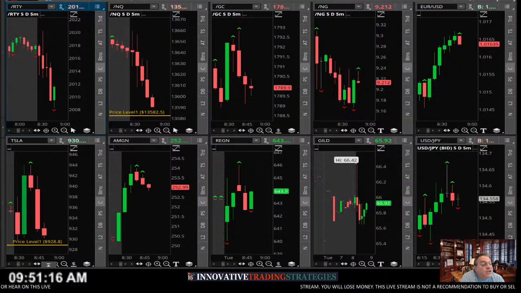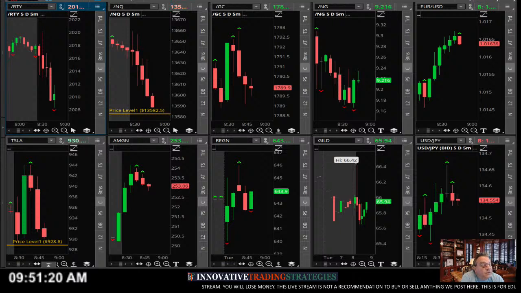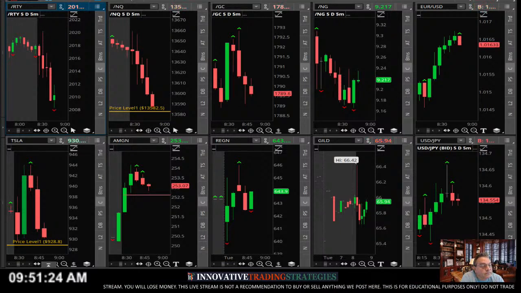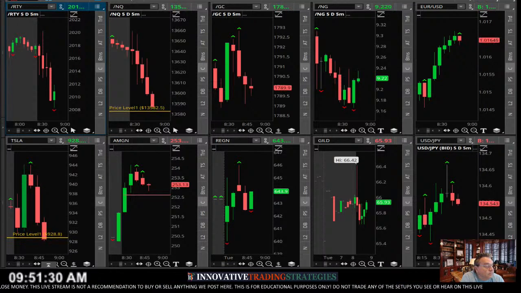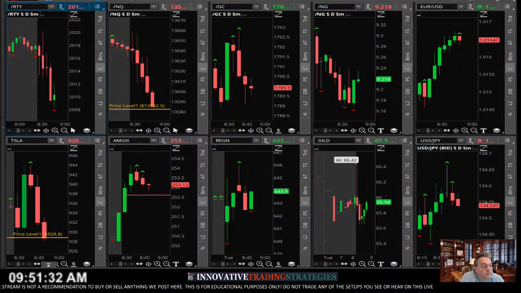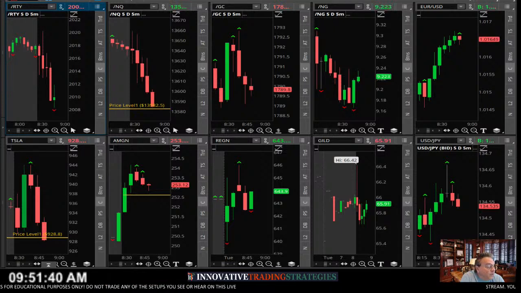Could see AMGN coming back down to 252.60. All right, Tesla just hit its pullback target down here, so I'll go ahead and remove that.